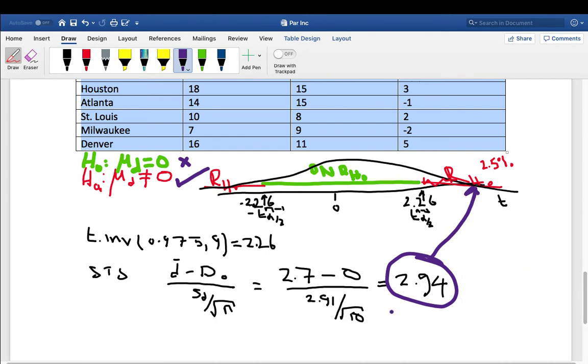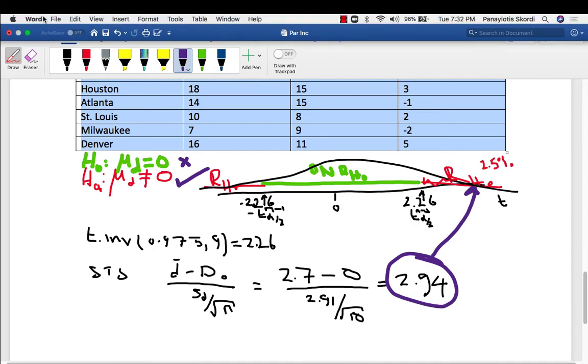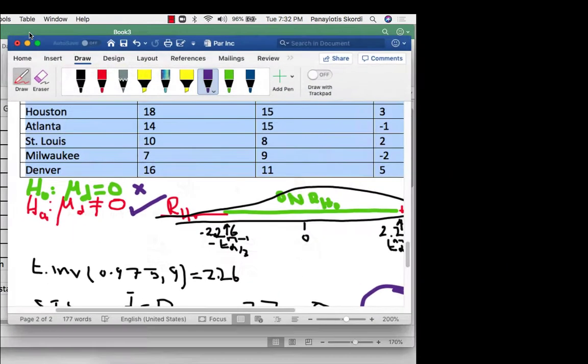So this was using the critical value approach. You can also use the p-value approach, but before we move on to the p-value approach, I'll show you another way that Excel could have solved this, before we get too far and we forget the numbers. The 2.26 is our critical value, and the 2.94 is our test statistic. Let's have a look at what Excel can actually do for us to calculate that.